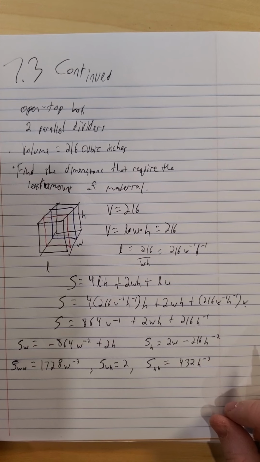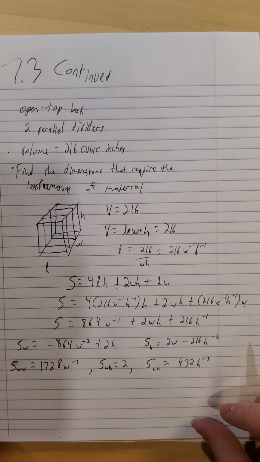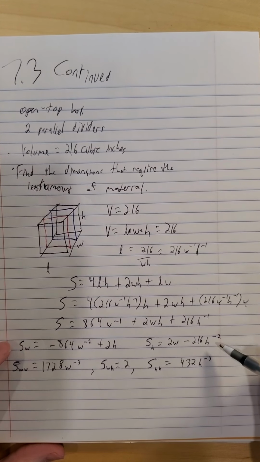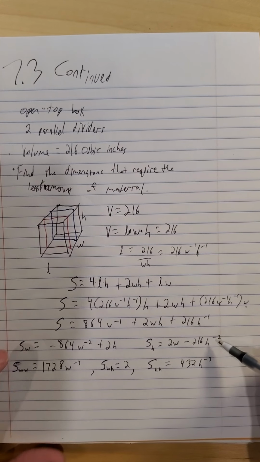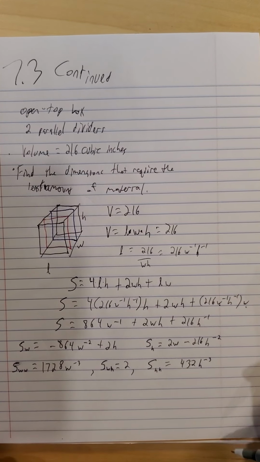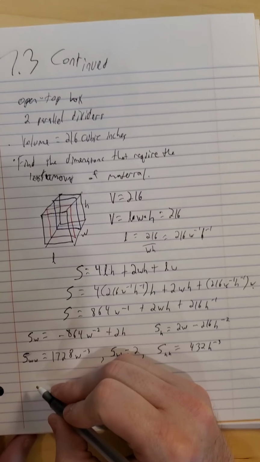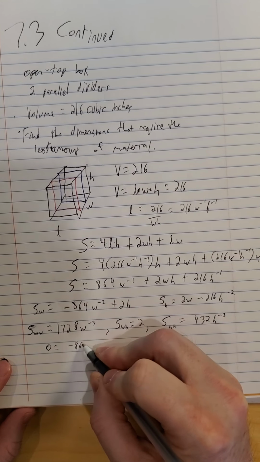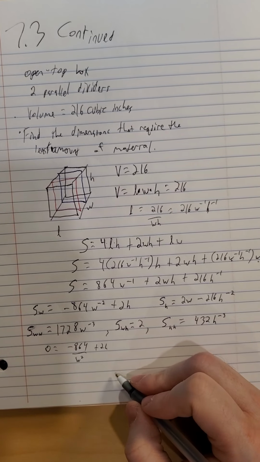We're looking for the key values, key points. So we're going to take these first derivatives, find out where they're worth 0, and that will give us our point (a, b) to investigate. So our first one, 0 is negative 864 over w squared plus 2h.